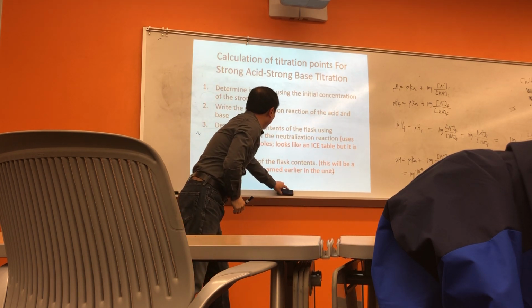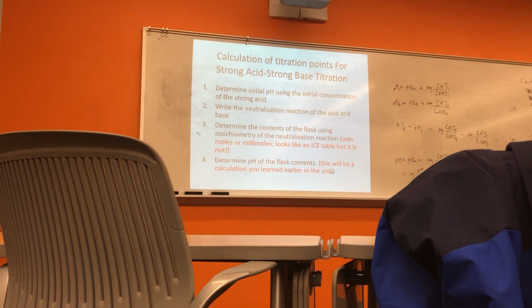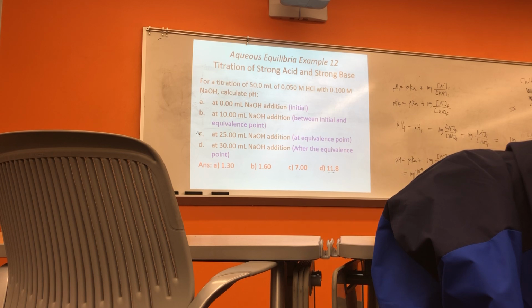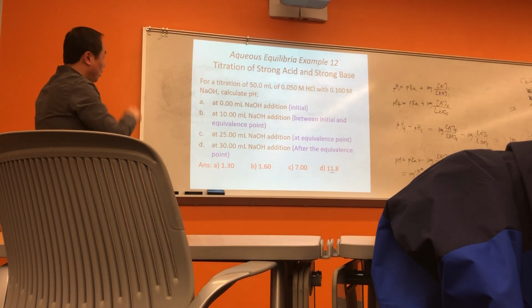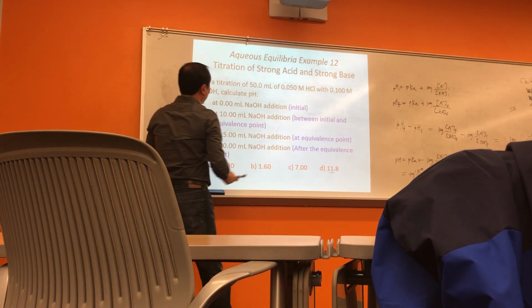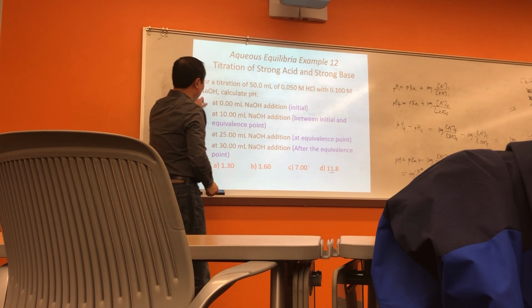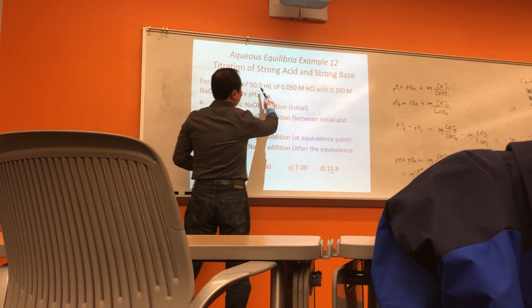Again, back to strong acid, strong base titration. Let's say I have this much of acid. I'm titrating with strong base. If we didn't add any base yet, then you only have strong acid.